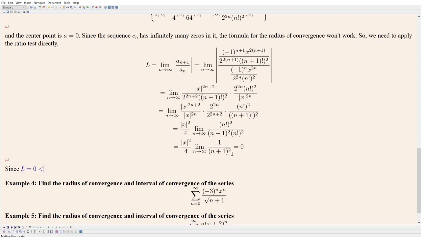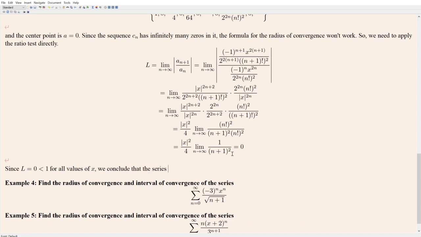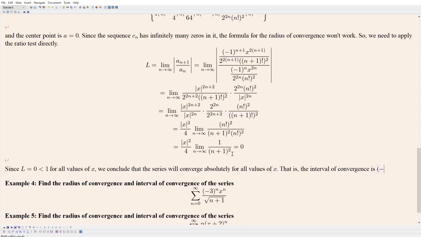So since L equals 0 is less than 1 for all values of x, we conclude that the series will converge absolutely for all values of x. That is, the interval of convergence is all real numbers. And the radius of convergence is infinity, if you want.